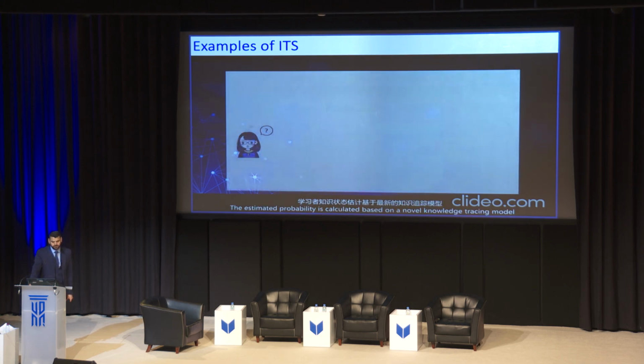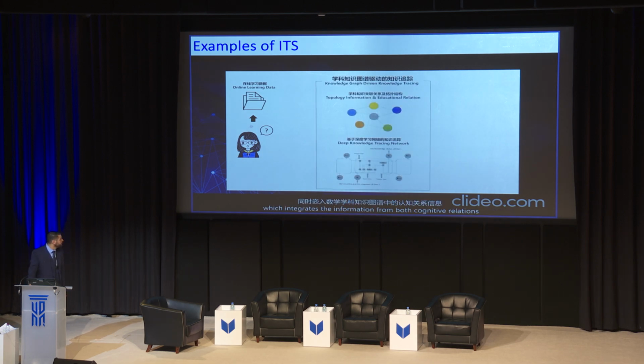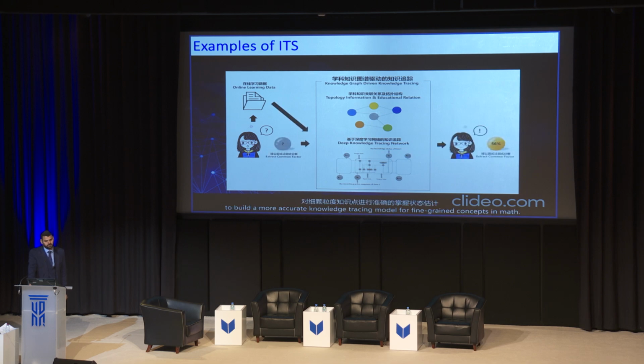The estimated probability is calculated based on a novel knowledge tracing model, which integrates the information from both cognitive relations and topology structure derived from the knowledge graph in math. Moreover, the deep learning model in artificial intelligence is also adapted to build a more accurate knowledge tracing model for fine-grained concepts in math.